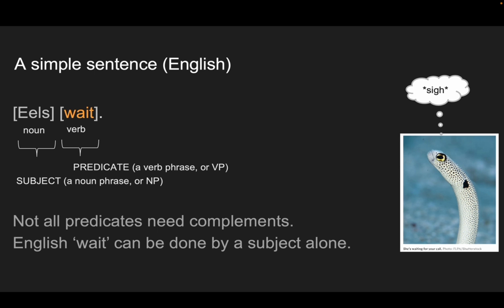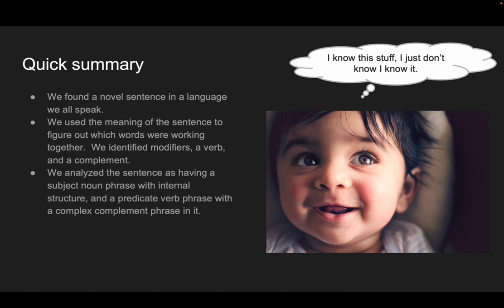So you can wait, and if you wait, you don't have to have anything else besides yourself and the waiting, right? All right. And apparently these Japanese eels are waiting, and they do want us to call. And I invite you to read the article if you're interested in helping the Japanese eels.